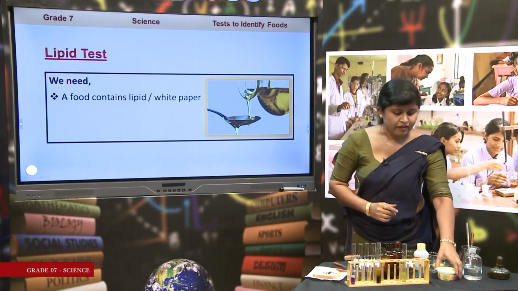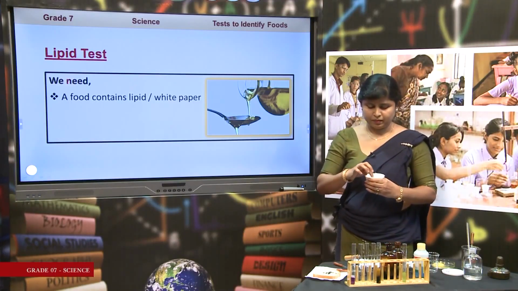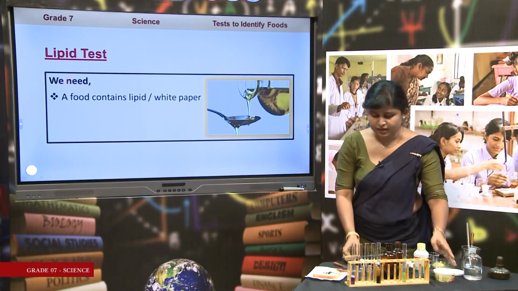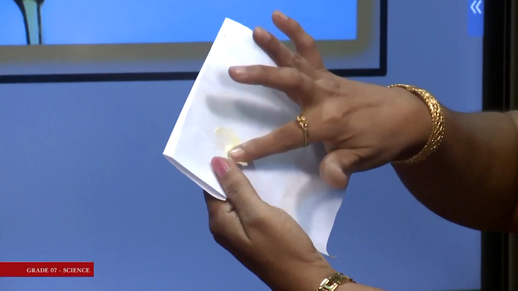Then I will take a little amount of butter and rub it well on the white sheet of paper in this way.